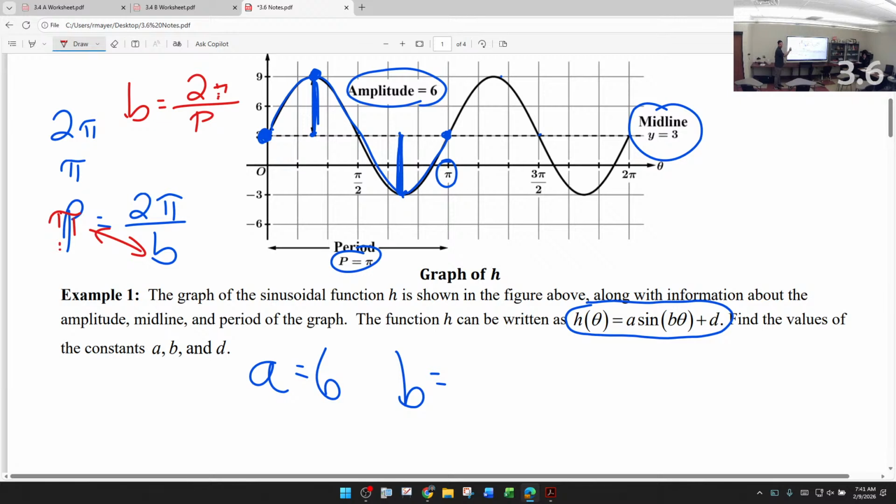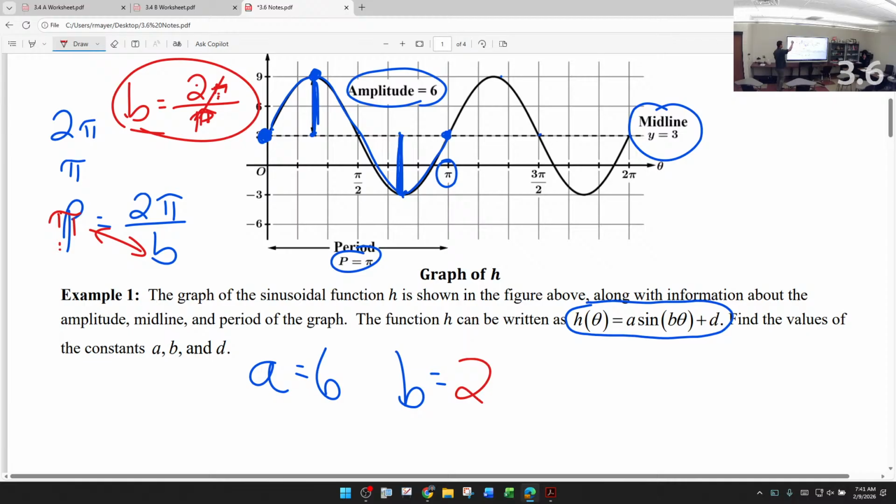So I use this, that's a pi function. B is 2. I don't care how you get it. B is 2 because it goes twice as fast. It's not pi. It's not 2 pi. It's 2.